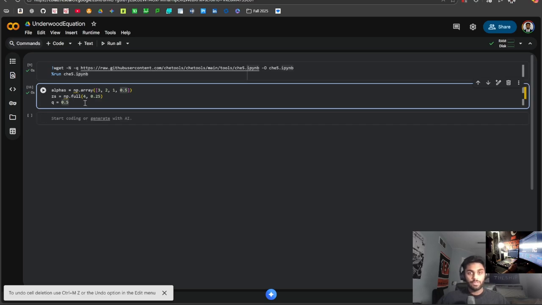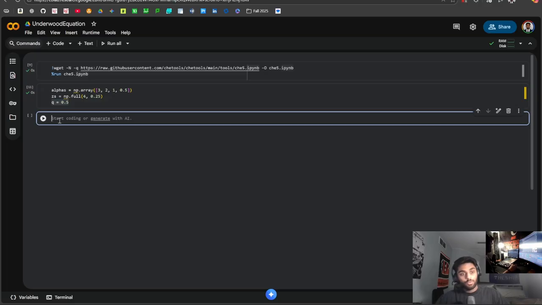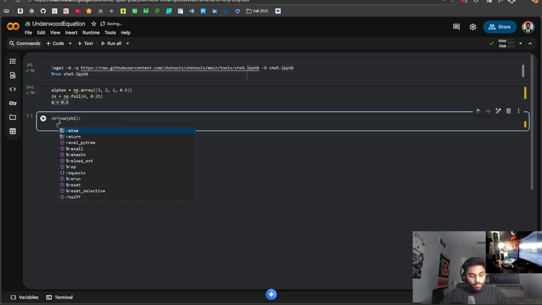It's a 50-50 liquid vapor mix, so that our Q is at 0.5. Now, I'm going to go ahead and start defining our Underwood equation. And we're going to give it an input of phi. What we basically want it to do is return the 0.